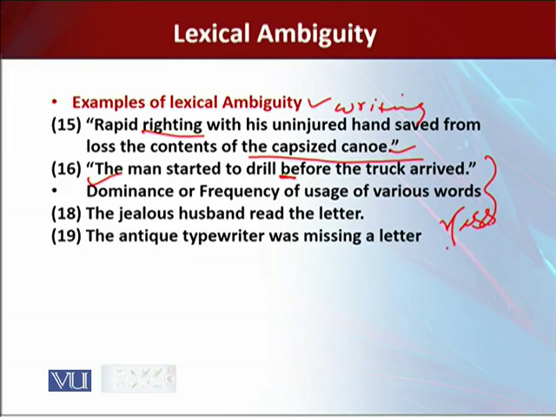Then we have the dominance or frequency of usage. This is another aspect of lexical ambiguity which needs our attention. Some words have multiple meanings that are roughly equivalent in frequency.